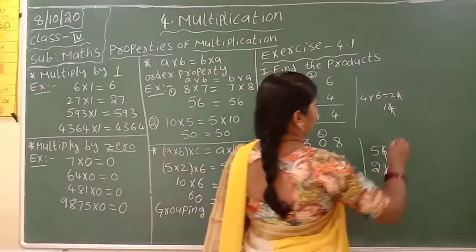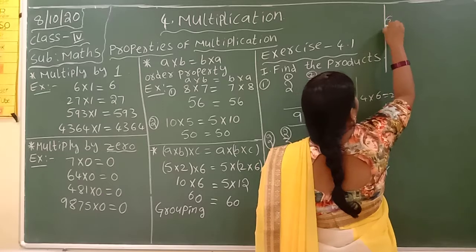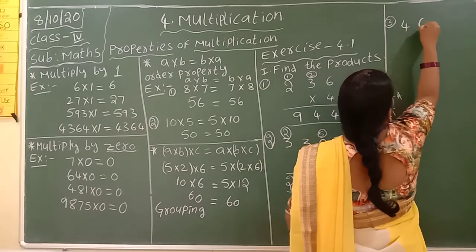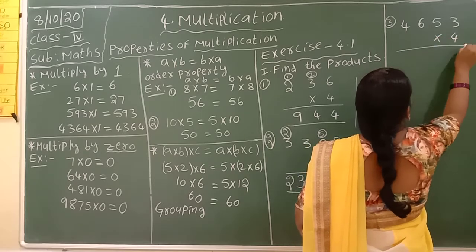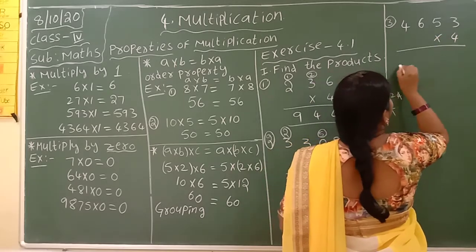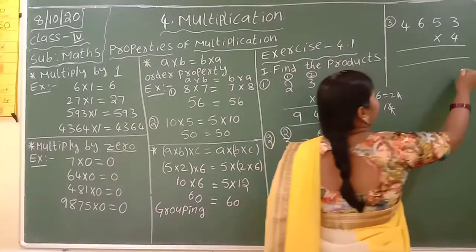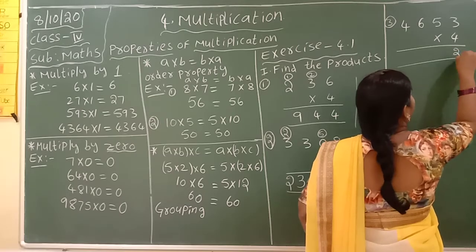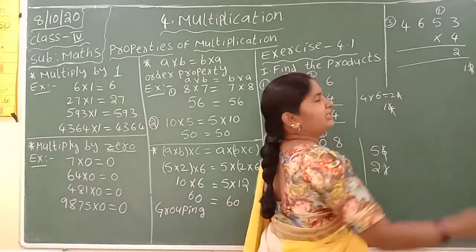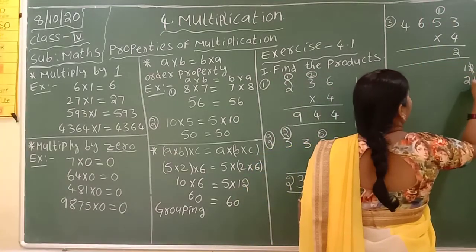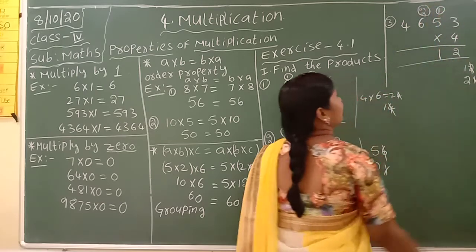Next one, and the last one is here, third one, 4,653 into 4. Here 4 threes are, tell me children, 4 threes are 12. 2, cut and write here, 1, write down as a regrouping. 4 fives 20. 20 plus 1, 21. 1, cut and write here, 2, write down in the next place, regrouping.